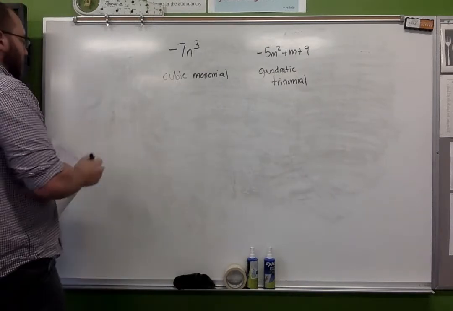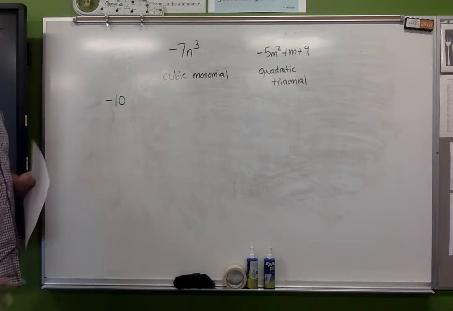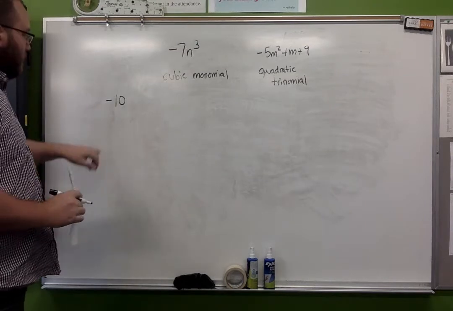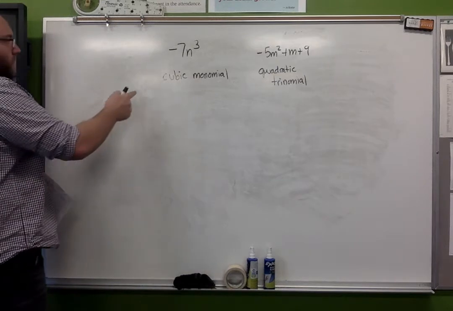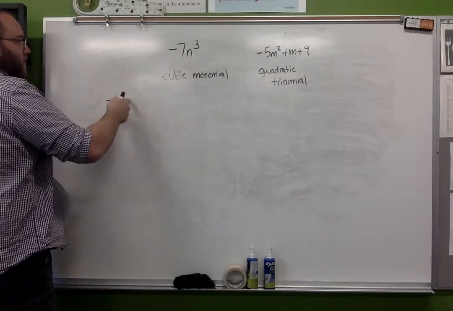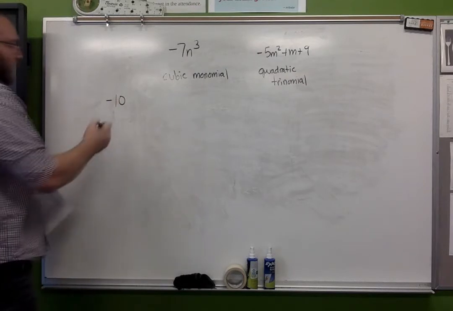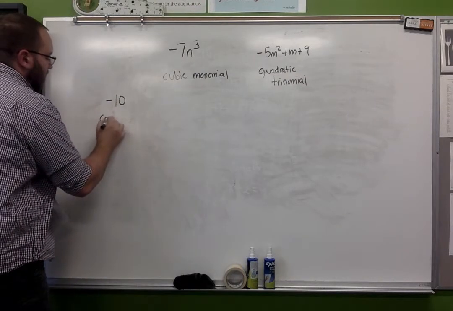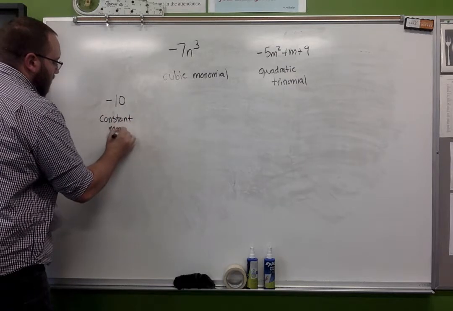All right, this next one, negative 10. There's only one term, so it's a monomial, but it has a degree 0, right? Because there's no variable, so the degree is 0. It's a constant, so we call this a constant monomial.